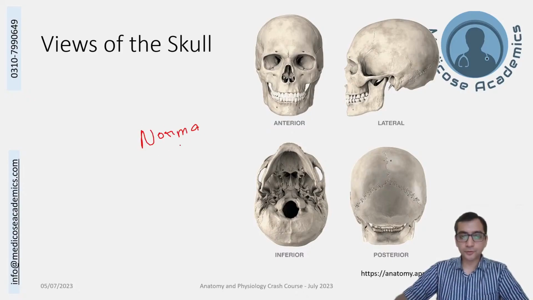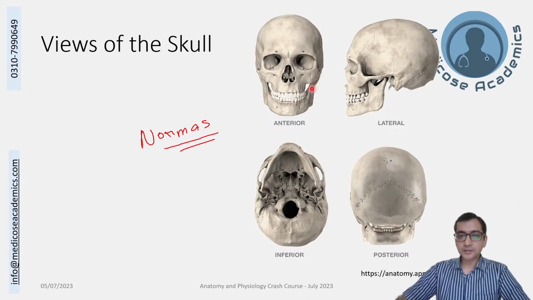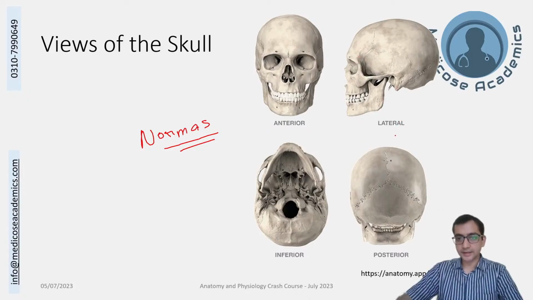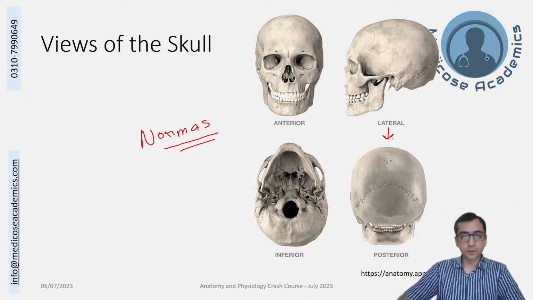A lot of you are reading BD Chaurasia, so the language used is Norma Frontalis when you are looking from the front, Norma Lateralis when looking from the side, Norma Occipitalis when looking from the back, Norma Basalis when looking from the base, and Norma Verticalis, not shown in this current slide, when you look from the top. You see the different views of the skull.